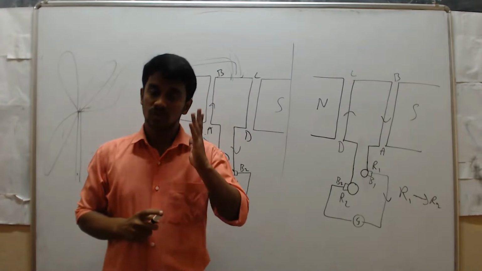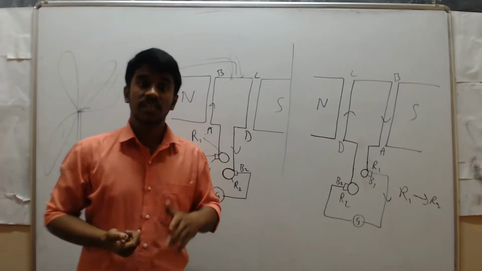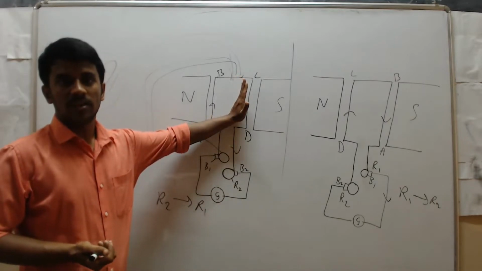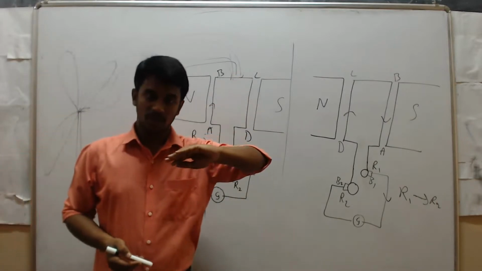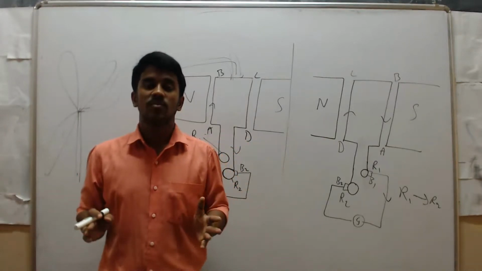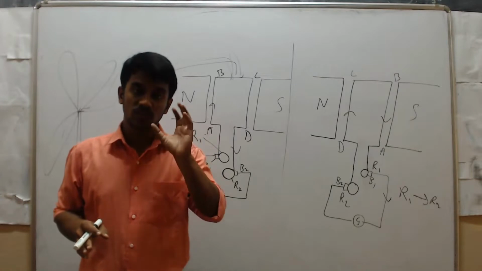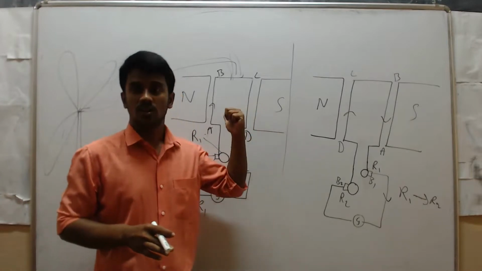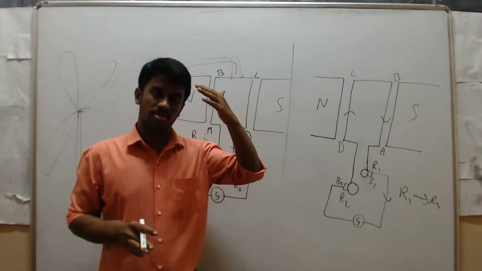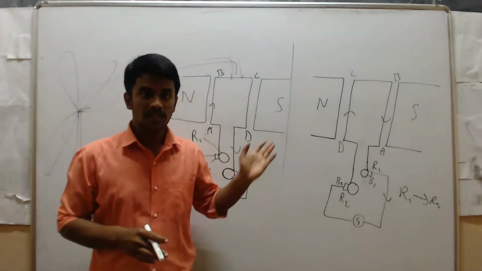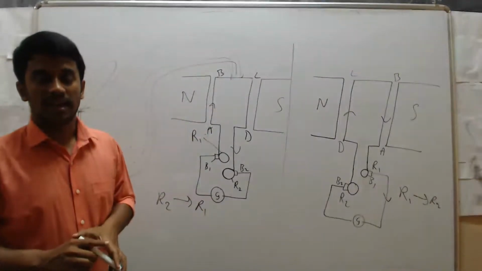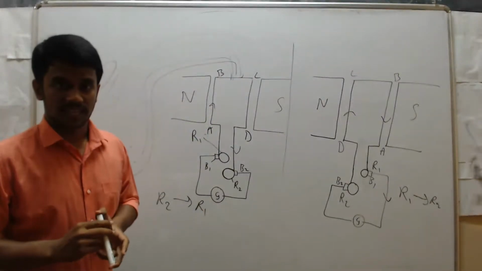All of these sources are different, but finally we are using those energies just to rotate this coil. So this is how we can generate electricity from those energy sources. This is the working of the electric generator or AC generator.